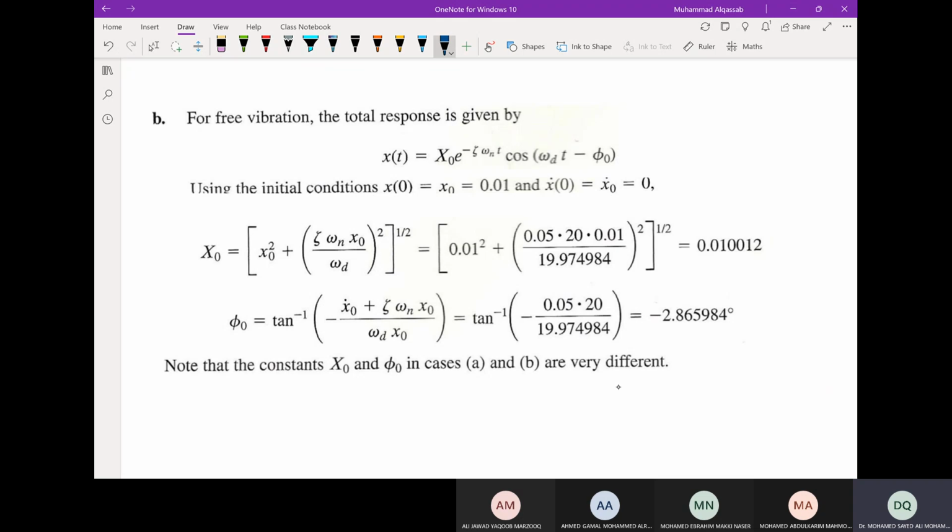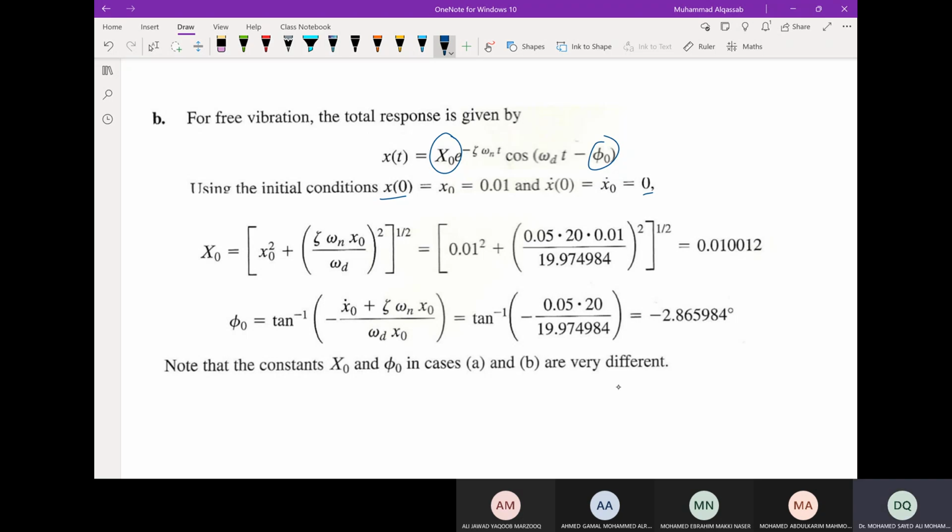So it is x0 e to power minus zeta omega n t cosine omega d t minus phi 0. But x0 and phi 0 are not the same as those obtained in part A. Those are to be found again using the initial conditions. X at 0 is 0.01 and X dot at 0 is 0.